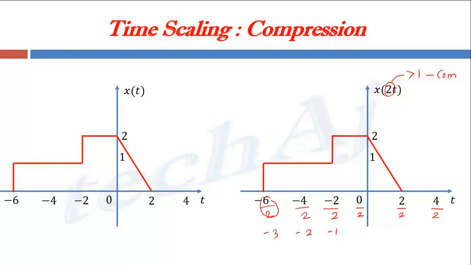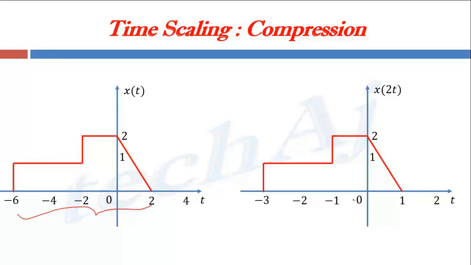So after scaling the signal, we will obtain the signal x of 2t like this. That means the original signal, which is present between minus 6 to plus 2, is scaled down or compressed between the values of t from minus 3 to plus 1.